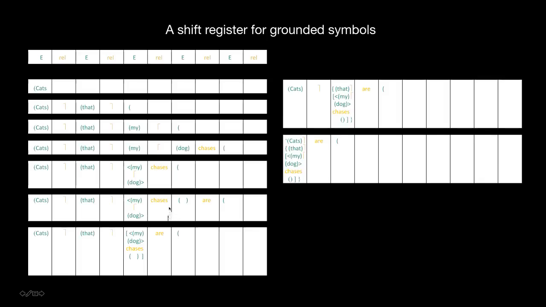And now it's going to shift the parentheses and chases all into this box and put a new set of parentheses around it. These things are all just parentheses, just different shaped parentheses to make it easy to follow. And then we keep on going, because R goes all the way to the beginning of the sentence. It's going to shift it over again, lump all these things together, shift over again, lump these things all together.